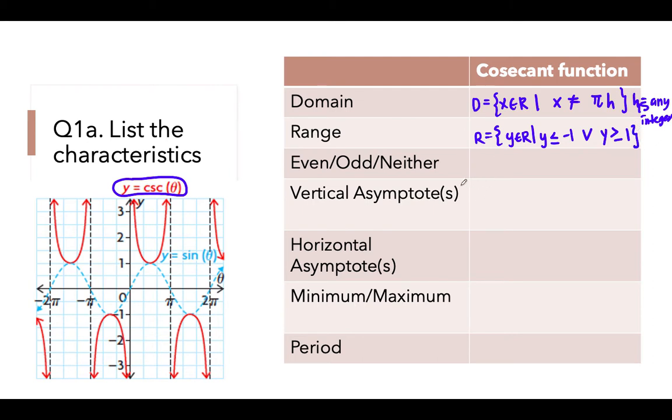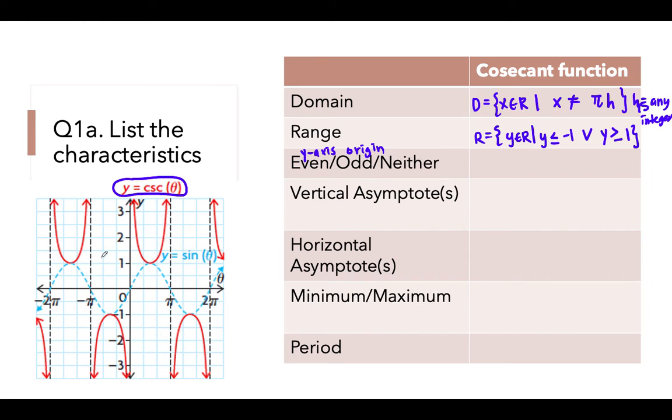Now, is it even, odd, or neither? To figure that out, you can look at whether it is symmetrical through the origin. For an odd function, it's symmetrical through the origin. If it's an even function, it's symmetrical through the y-axis. As you can see, it's symmetrical through the origin.